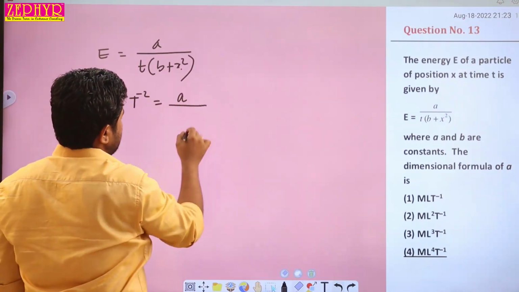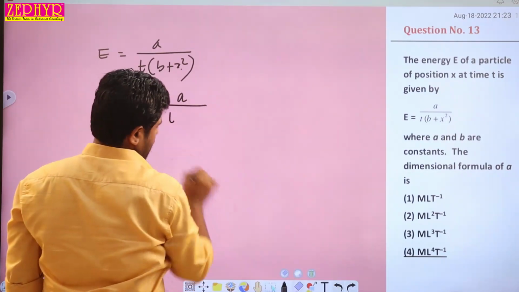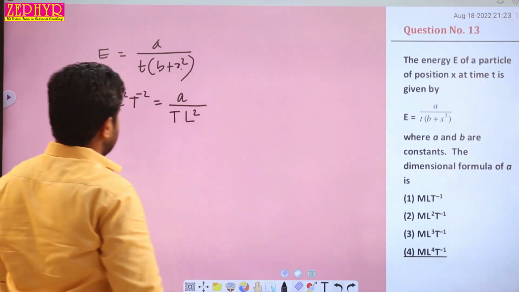So L square plus L square is L square. Then the dimension of T is capital T. So T into L square.